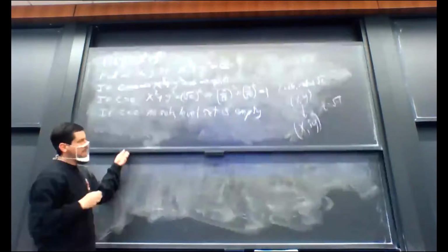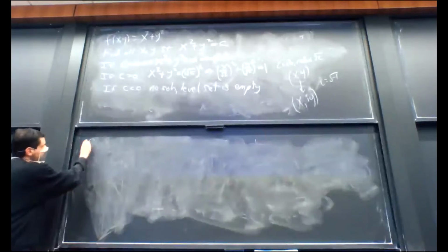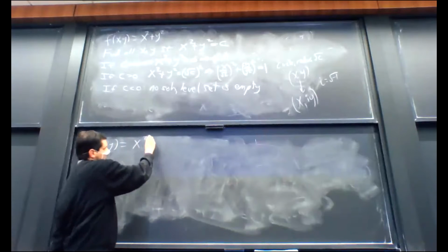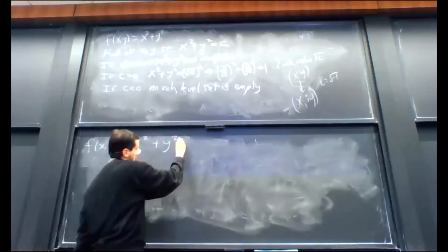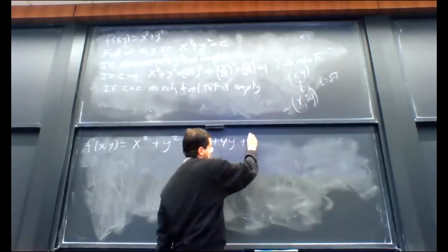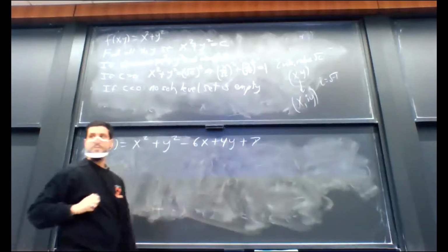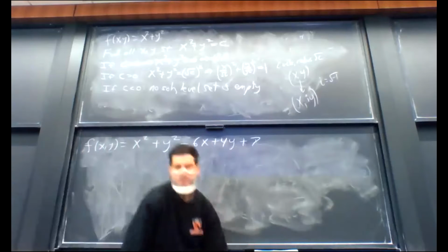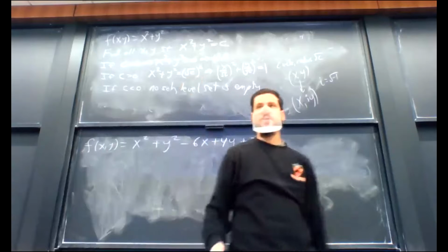Now let's do another example. Let's say f of x, y is x squared plus y squared minus 6x plus 4y plus 7. All this 7 does is take everything and move it up and down.